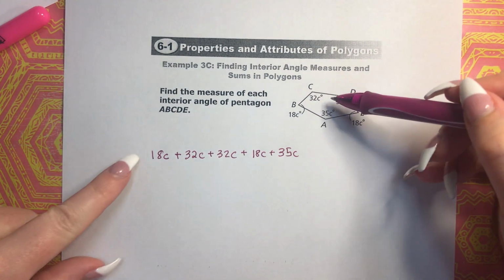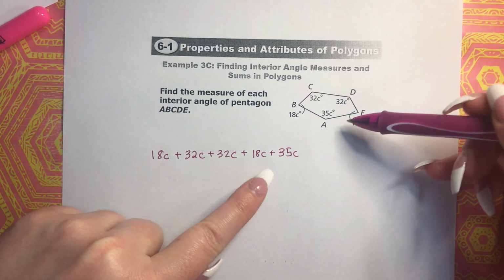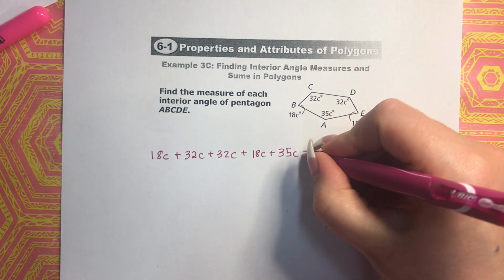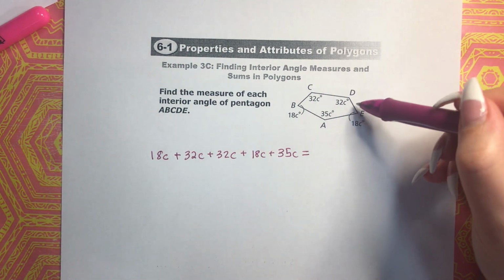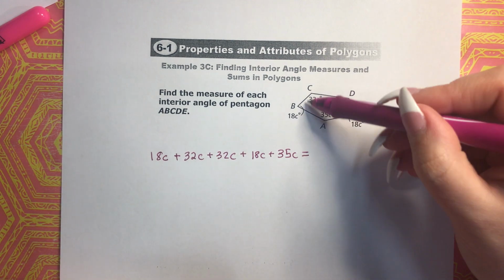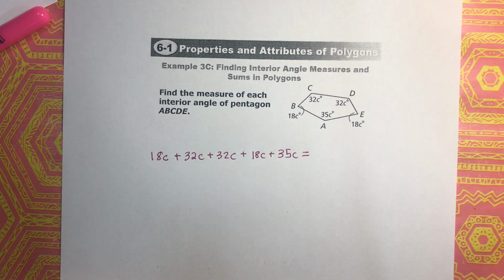So that's 18, 32, 32, 18, 35, okay? And this is going to equal the sum of all of the interior angles added up. So we have to use our formula to figure out what that is, right?